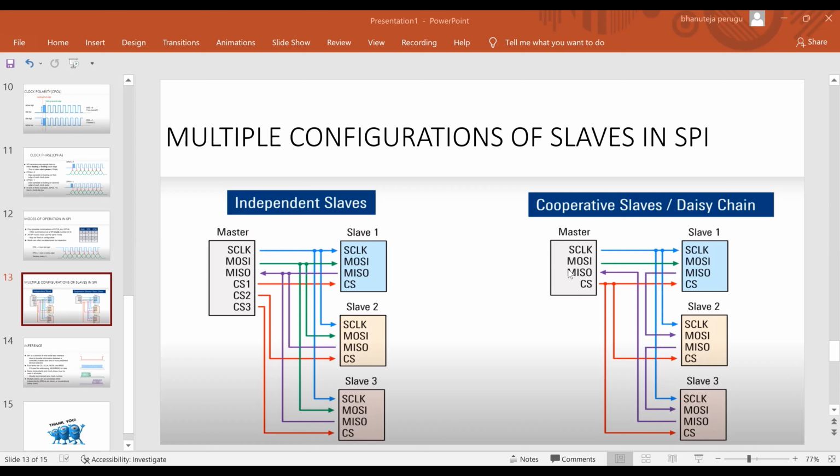So in these cooperative slaves, the communication is made indirectly, asking for slave 2 and slave 3 involvement. So they have to be involved for sure.